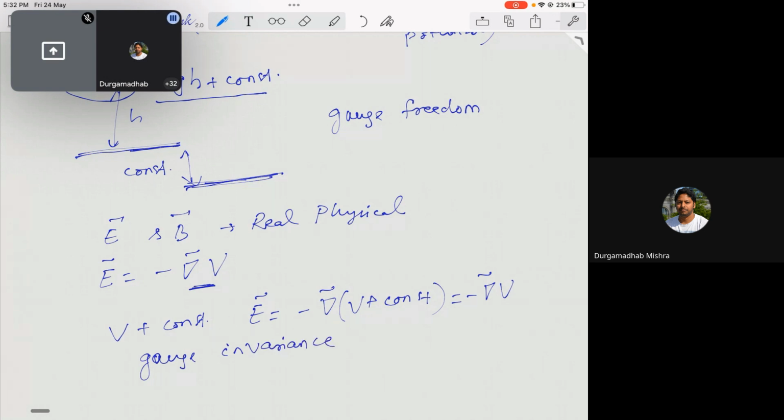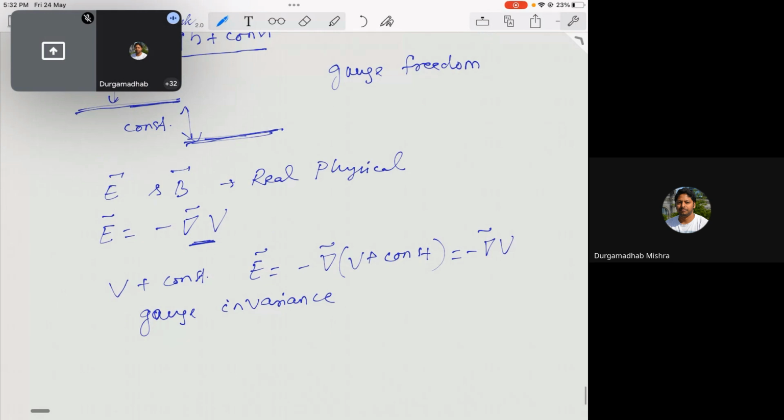What it means is that the real physical things, which in this case are the electric and magnetic fields, should remain invariant. Okay, so they should not change when I am changing the underlying parameters which I use to describe this physical reality.